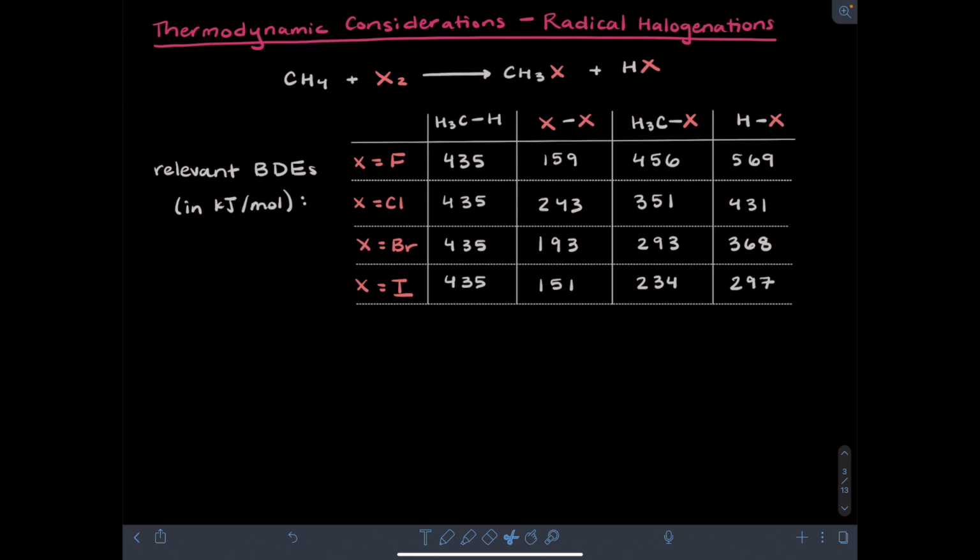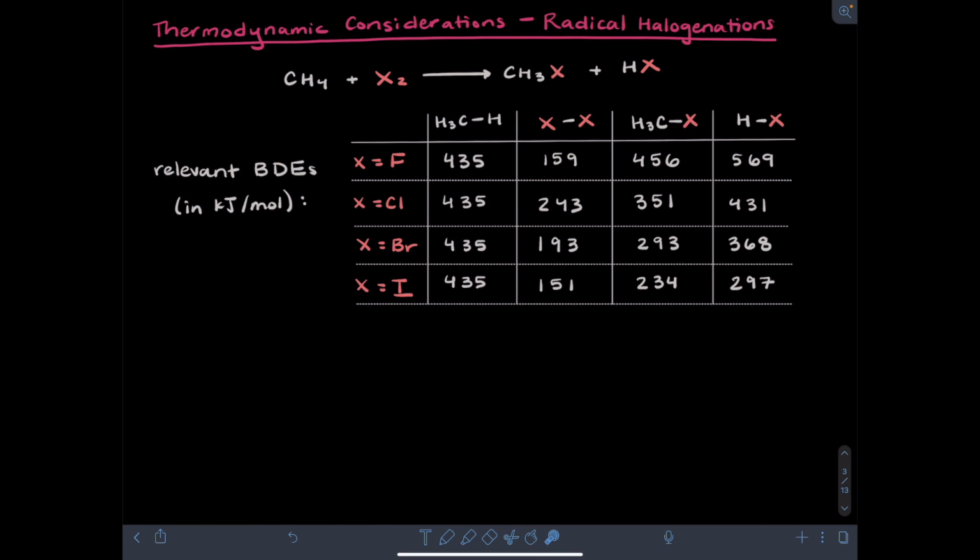Here is a table with all of the relevant bond dissociation energies we need to compare these different values, and the delta H of reaction values when X is fluorine, chlorine, bromine, or iodine. The bond dissociation energy for the CH bond of methane is always 435, but notice that the strength of the XX bond changes depending which halogen X is.